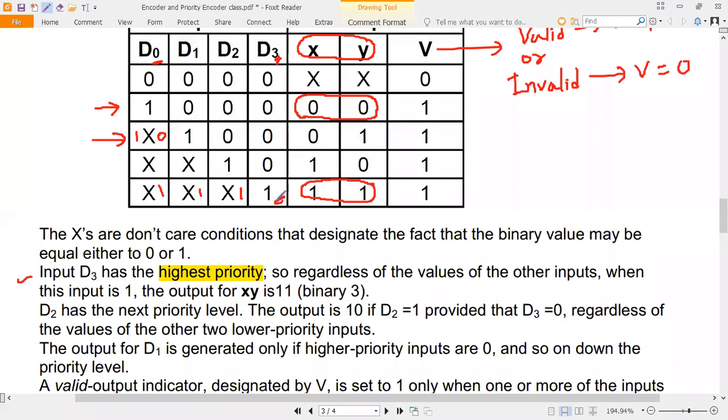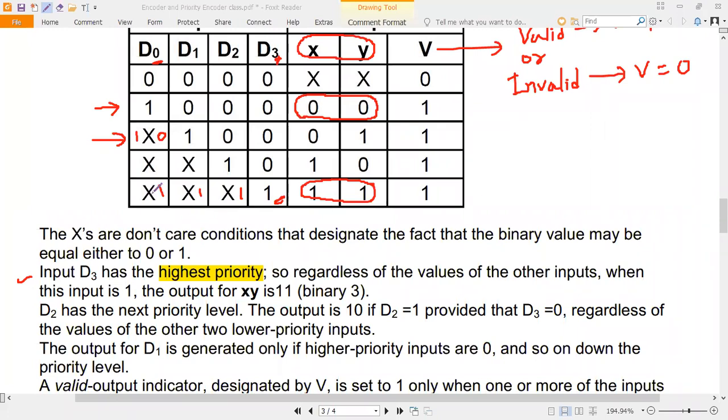See here, in this priority encoder, you can have more than one active input, but we are going to get the output for the highest priority input.